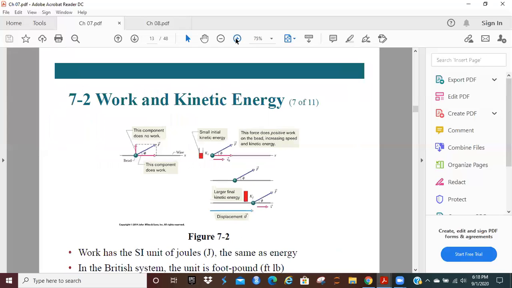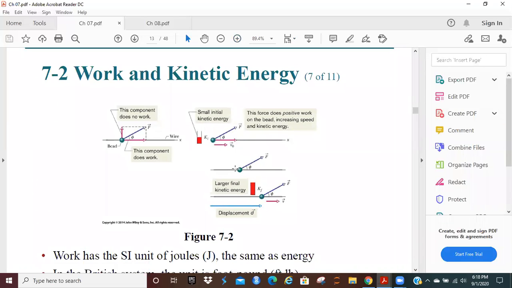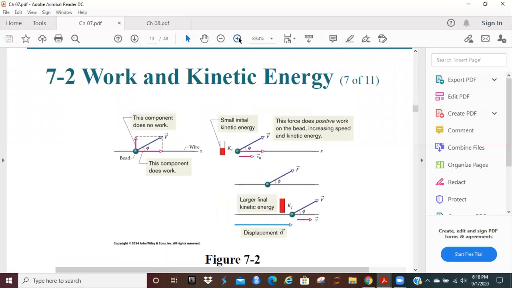So let's take a look here. We've got a bead right there, and it is along a wire. And we're looking at a force on that particular bead, and that force is at an angle. So this part right here, let me zoom in a little bit more.